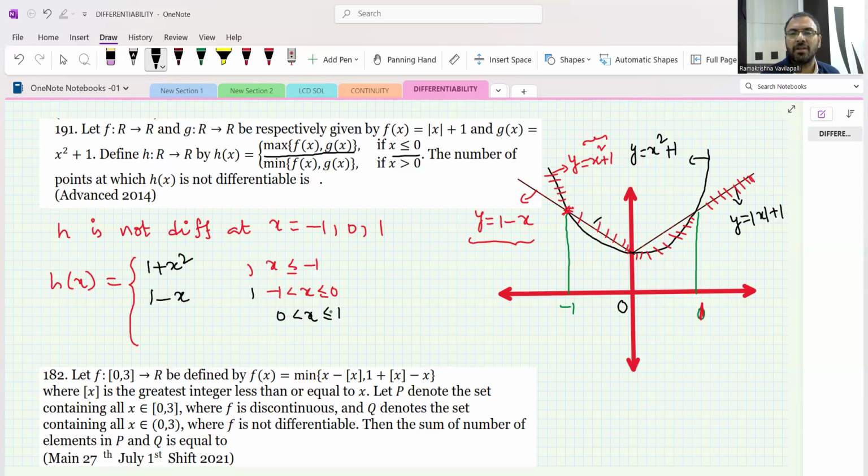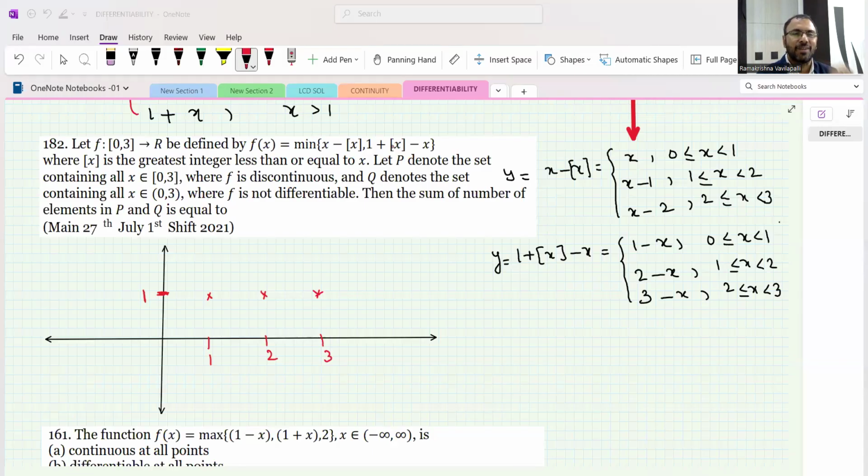Between 0 and 1, you have to take the x square plus 1 graph. And the next, 1 plus x graph for x greater than 1. Anyway, it is a continuous function, so you just differentiate the function, then you will get the non-differentiable points.